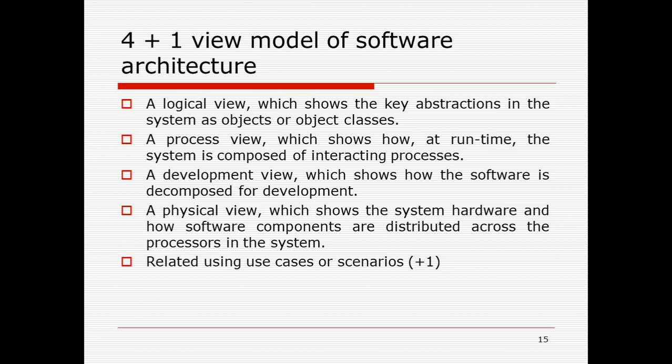The development view shows how the software is decomposed for development. The physical view shows the hardware allocation of the system, that is, which processor is assigned which software component to be executed. Apart from that, we can have use cases and scenarios as another kind of view.